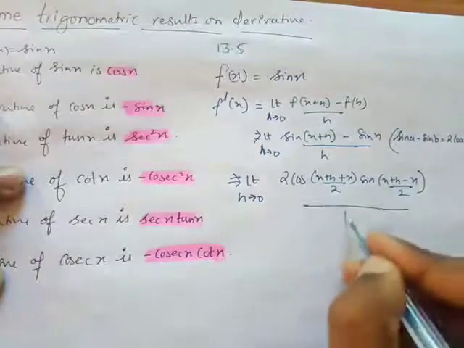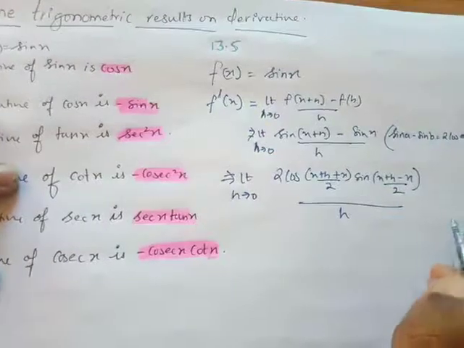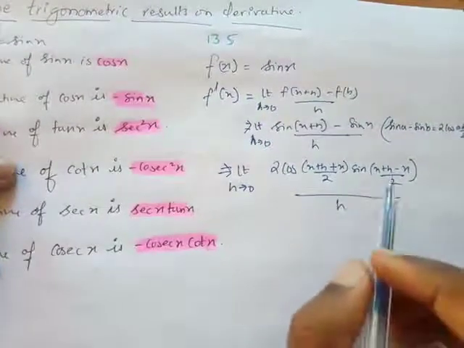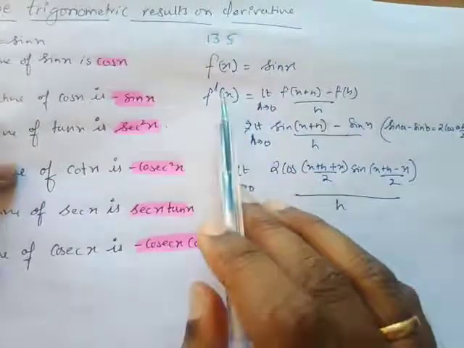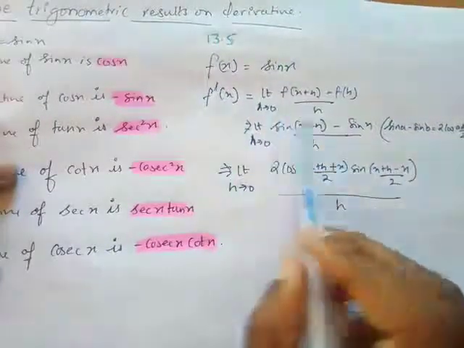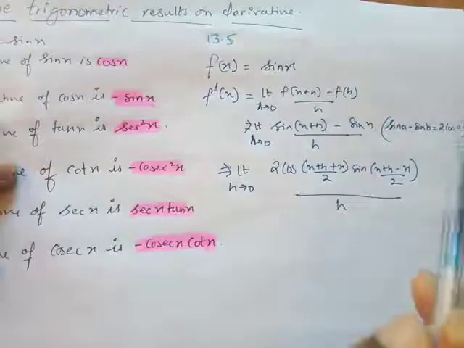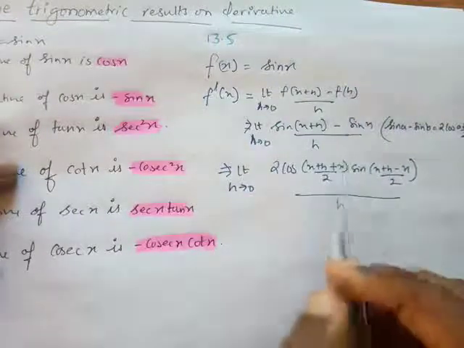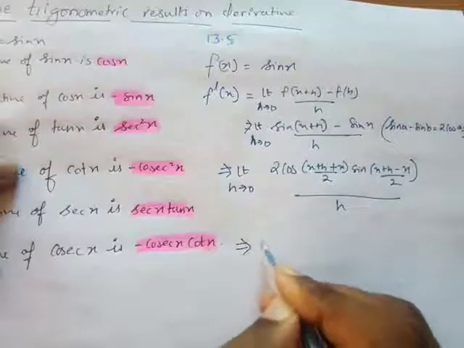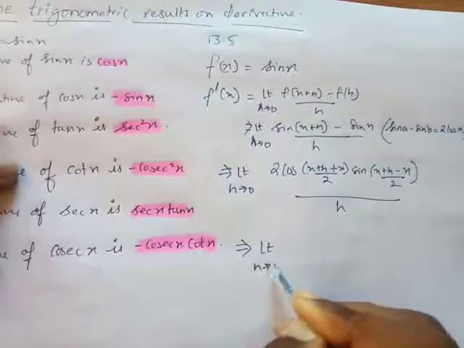And down over here h is already given to you. I hope it's making sense for everyone. I am finding the derivative of sine x. I'm putting in a simple formula. There was only one formula that you had to put in the derivative formula, and that's what I'm doing right now.